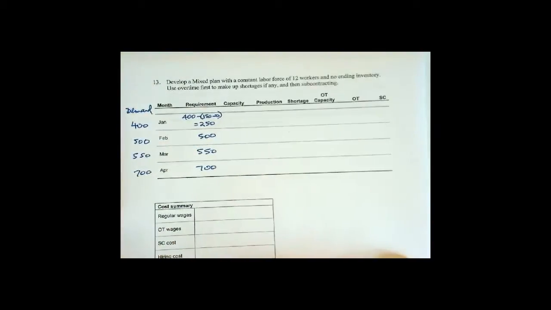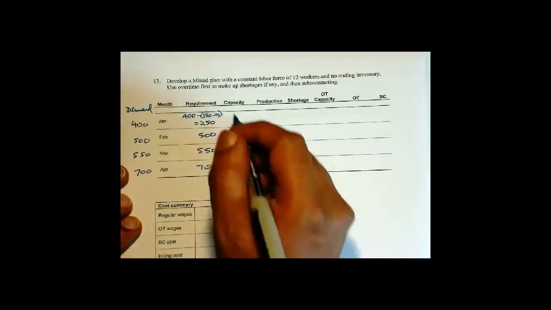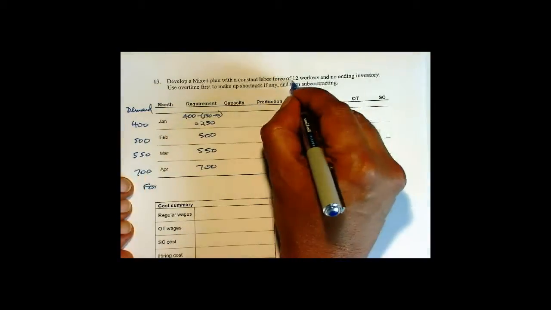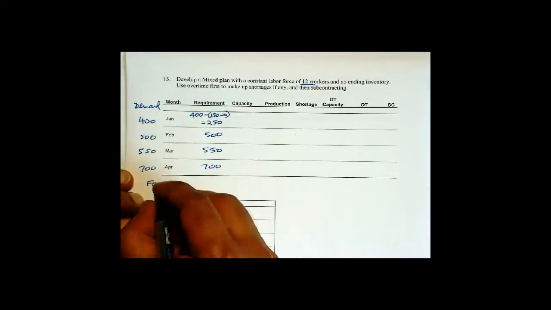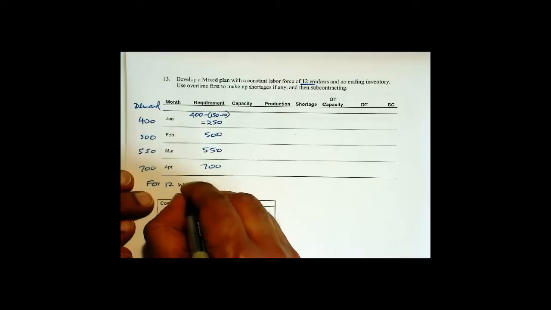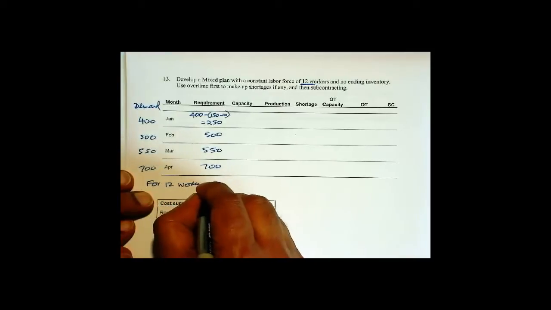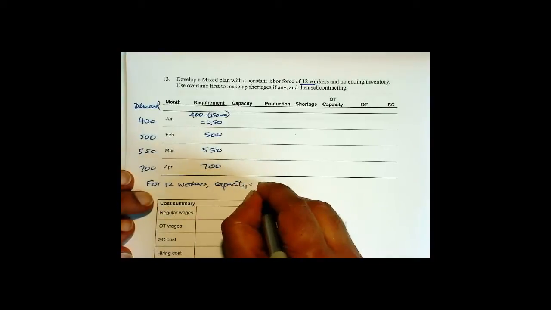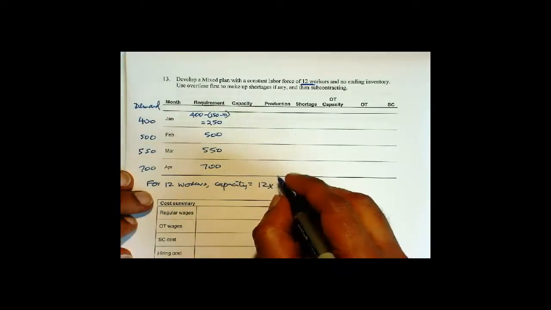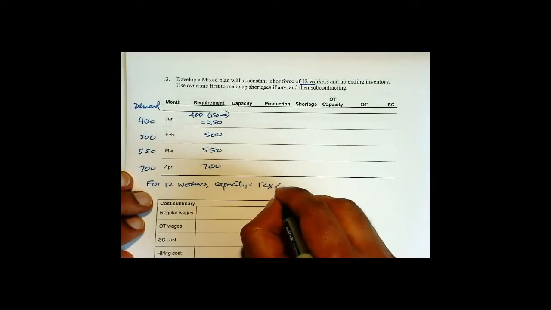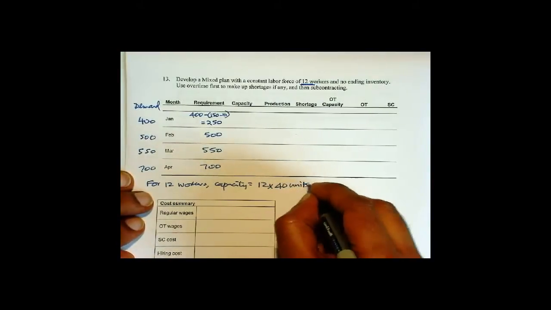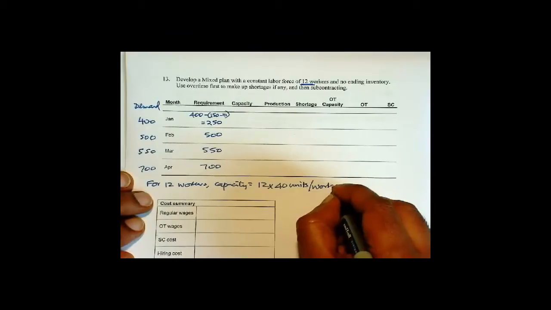Now, capacity is for 12 workers. So we have 12 workers here. Twelve workers times 40 units per worker per month.